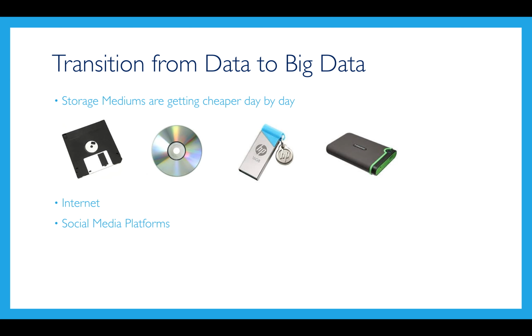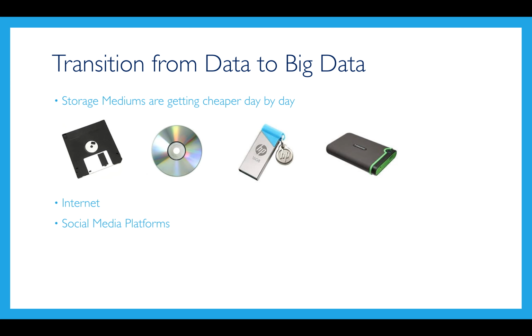One more reason for this transition is social media platforms. Facebook, Twitter, YouTube are all platforms that are a source of generating more and more data. These are the important reasons why we have this transition from data to big data.